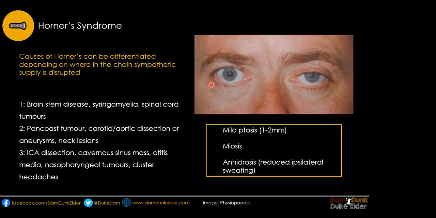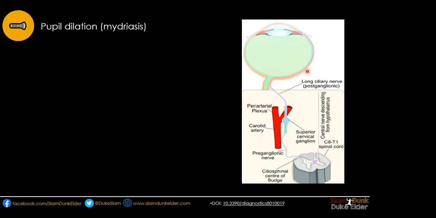Let's see. Okay. Brain stem disease. So we said earlier that the first order neuron, the central neuron, travels down from the posterior hypothalamus into the spinal cord to synapse at C8, T1, T2, otherwise known as the ciliospinal center of Budge.